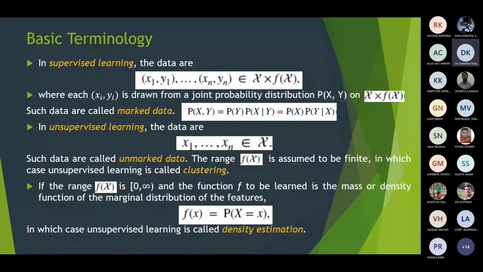Okay, so this relation can be defined for the classification, and we can have another relation, the joint probability distribution P of x comma y, which equals the marginal probability P of x multiplied by the conditional probability P of y given x.